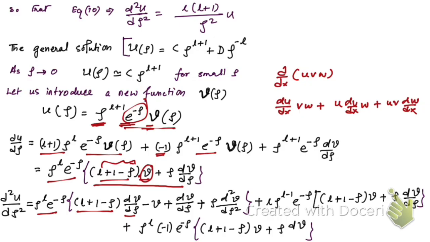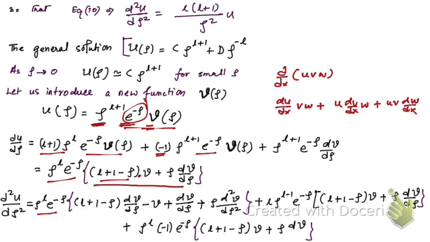Differentiating this part we have got 1 into v, right? So hope you have understood. Differentiate this: derivative of l will be 0, derivative of 1 will be 0, derivative of rho with respect to rho is 1, but there is minus, so it's going to be minus 1. So we have minus 1 into v, that's why we have got minus v here. So hope you have understood this.